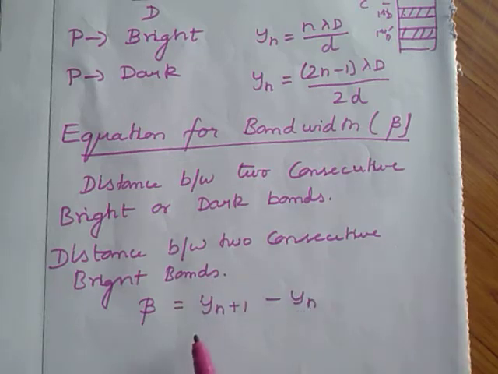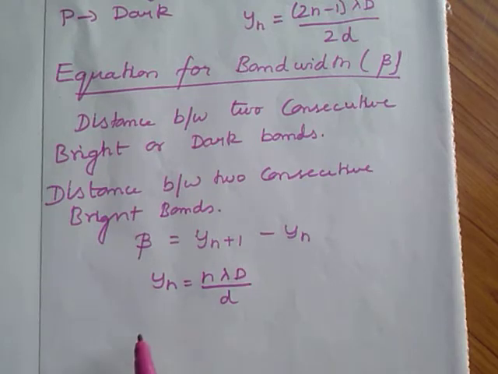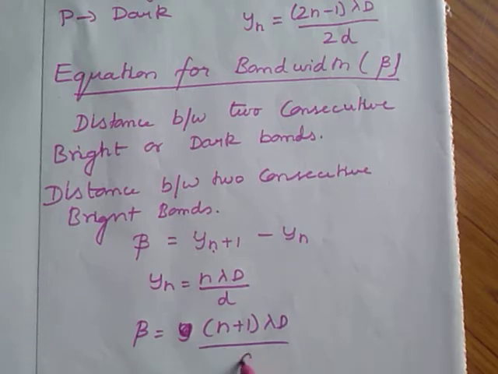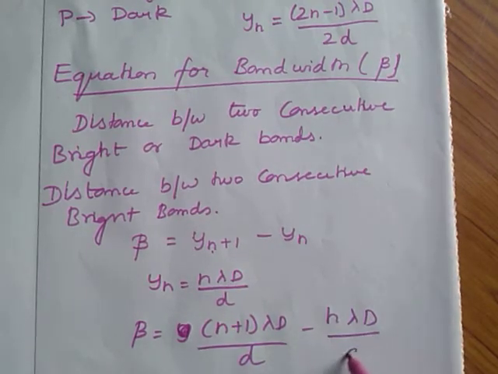We know for the bright band the value of yn is equal to n lambda D by small d. Substituting in the above expression, beta is equal to, here n becomes n plus 1, (n plus 1) lambda D by small d minus n lambda D by small d.